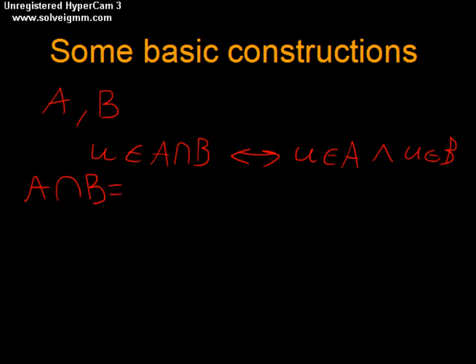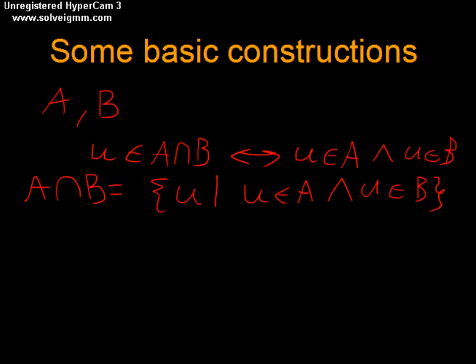A intersect B is the set of all u such that u is an element of A and u is an element of B. But of course, this is not a valid set. The axiom of separation does not give that this is a valid set. We need this to be a subset already of something else.